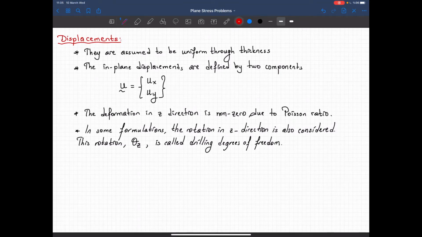So let's take a look at the strains now. In-plane strains for the plane stress case are defined as follows.